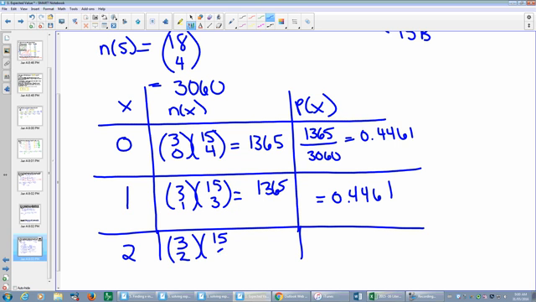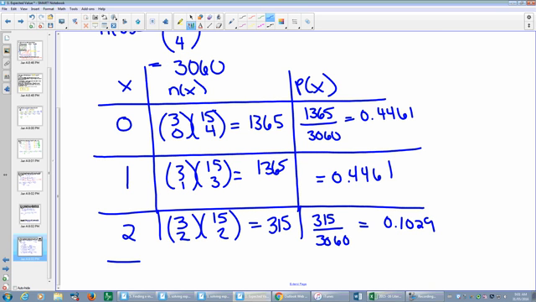Which gives me what? Very good. So David, what would I write for the probability? Good. And what is that to 4 decimal places? Good.